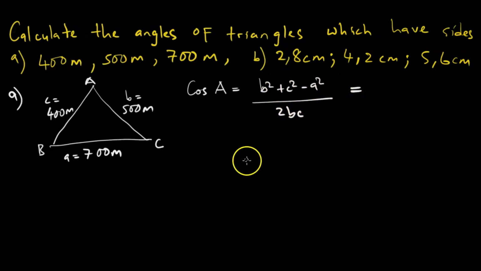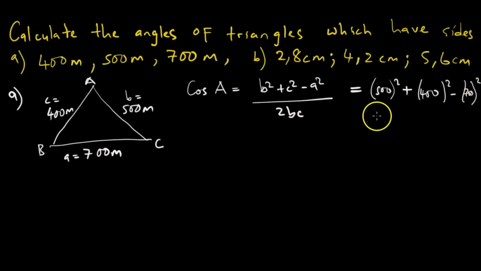What is b? 500. So it's 500 squared plus, what is c? 400, 400 squared, subtracting a, which is 700 squared, over 2 multiplying 500 times 400.